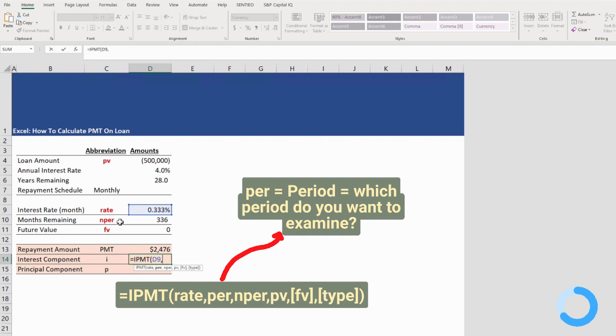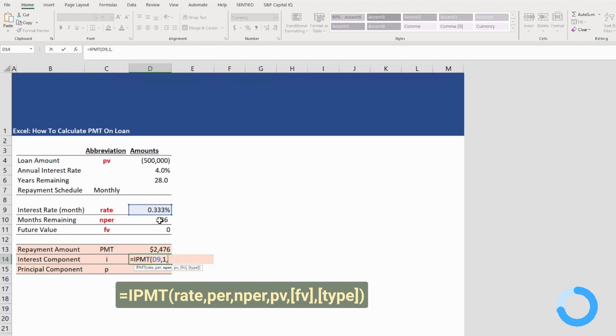So in this case, I want to know how much interest will be paid in the next month. So in this immediately upcoming month. If I wanted to know what the interest component would be in, say, 12 months time, I could put in the number 13 here. So I'm just going to put in the number 1, and then number of periods is 336.